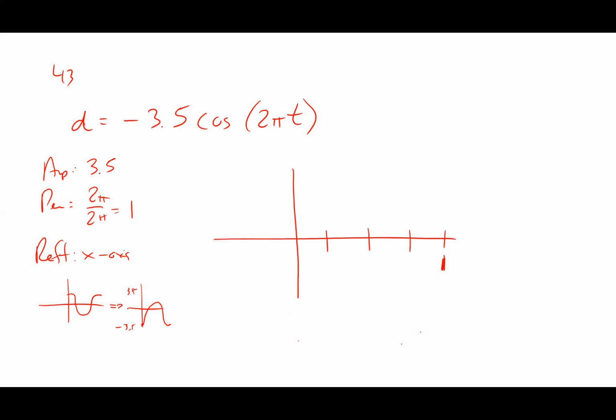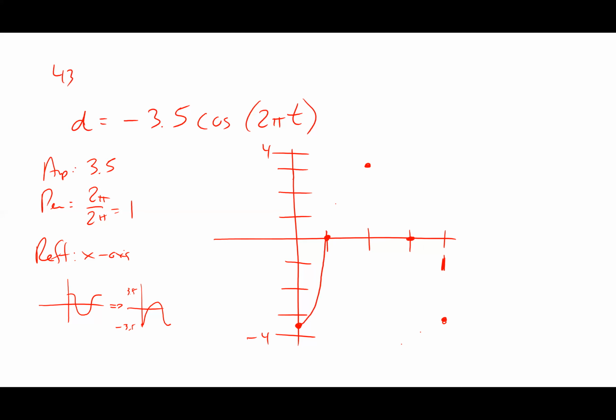So 1, 2, 3, 4. There. Okay. Hopefully you guys got to this point. I can put this dot here, up here, down here, and then way down here. Boom, there it is. I got it all in one single shot.